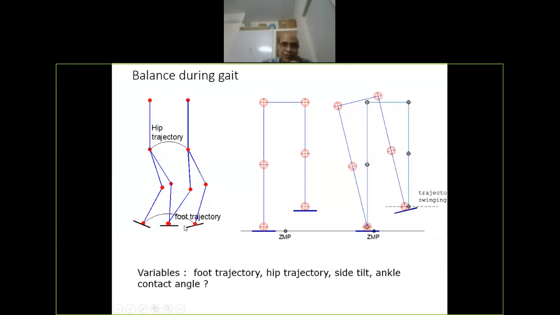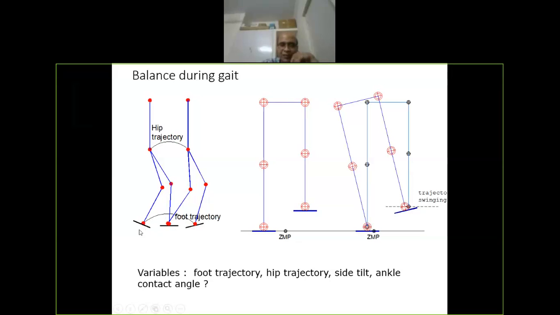Now, but that is only for a given step length. So if you look at the step length, what I mean is the length that the rear foot moves in one step, from here to there, that is one step. Now that's a variable actually, right?